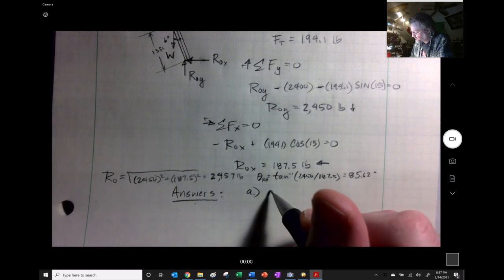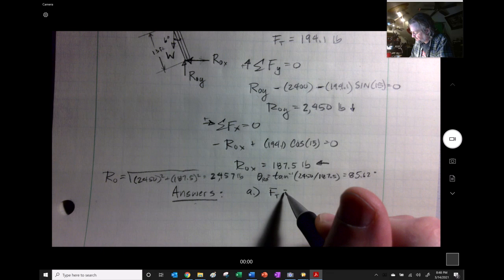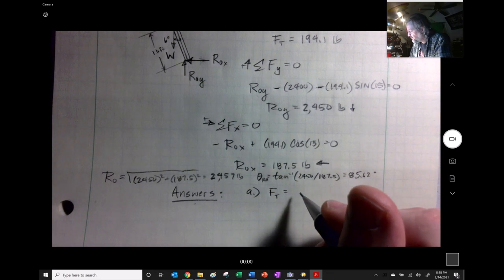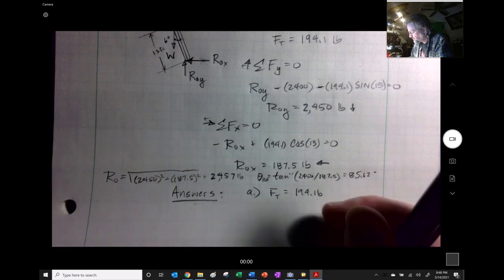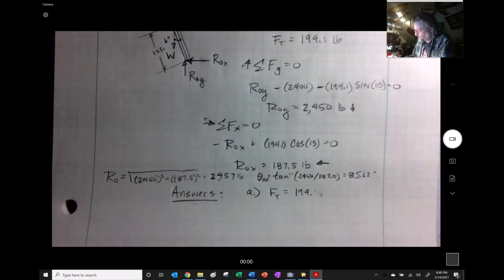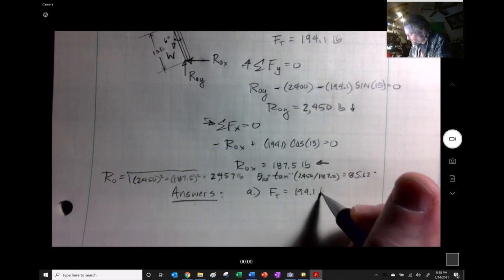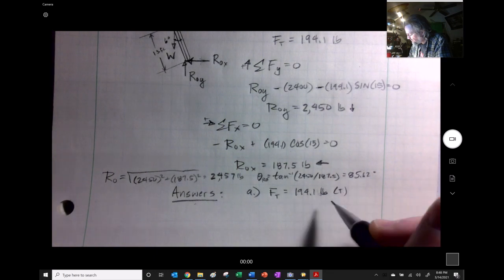So the answer to this one, let me write these back, is that it's going to be 194.1 pounds. Oops, I made that look like a 1 and the L are the same thing. And that's going to be in tension.